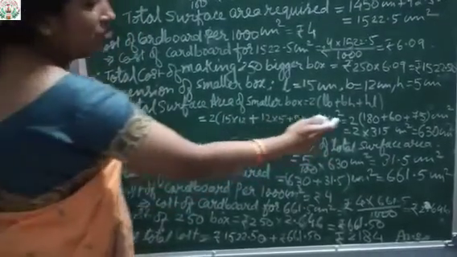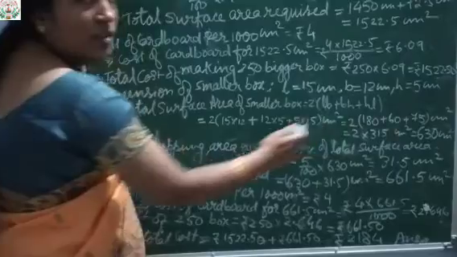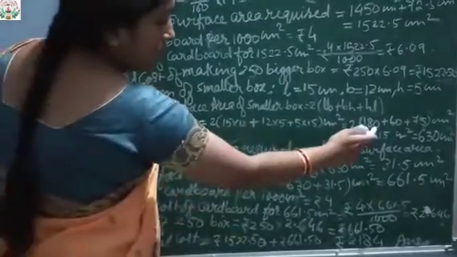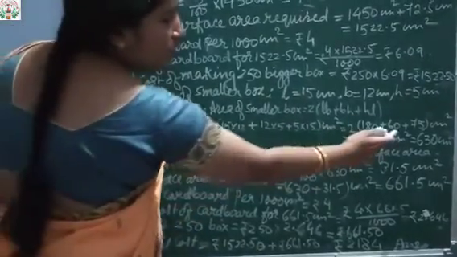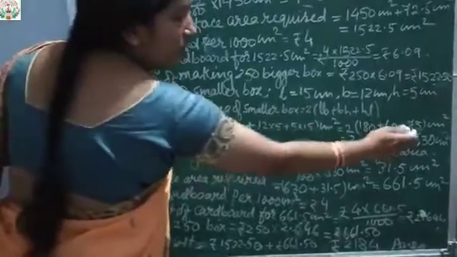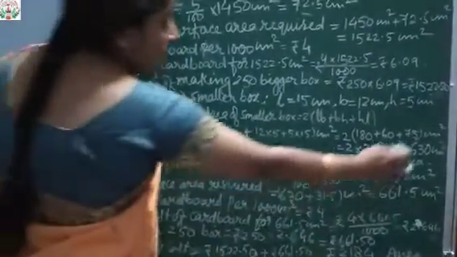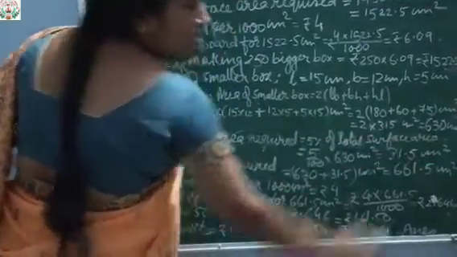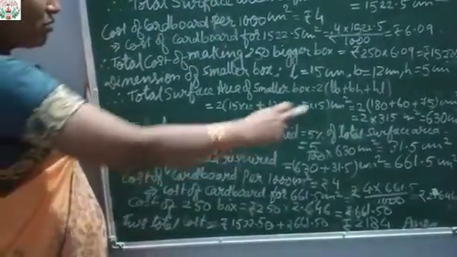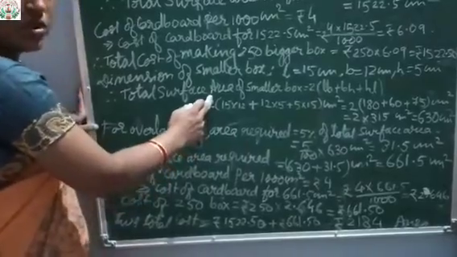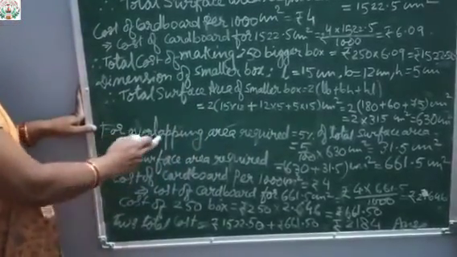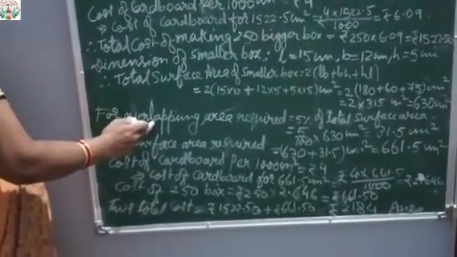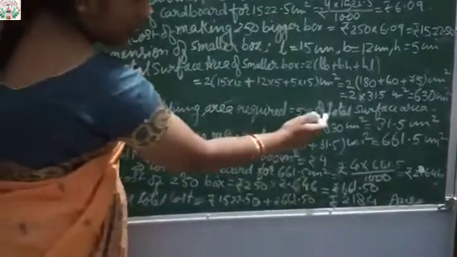On multiplication we get 180, 60 and 75 cm square. On simplification we get 630 cm square. So that is the total surface area of the smaller box. Then for overlap, how much is it? 5% overlap, so 5% of the total surface area.